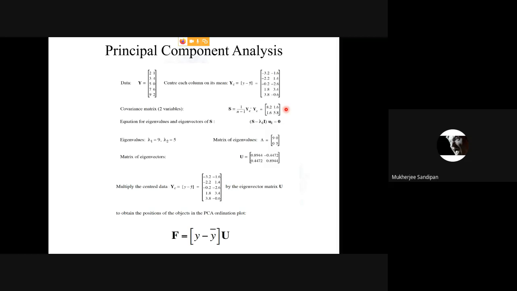Once you have the covariance matrix, you come up with the characteristic equation, solve it to get the eigenvalues, and then you come up with the eigenvector matrix. Once you have the eigenvalues and eigenvectors, you multiply the centered data by the eigenvector matrix U to obtain the position of the objects in the PCA.